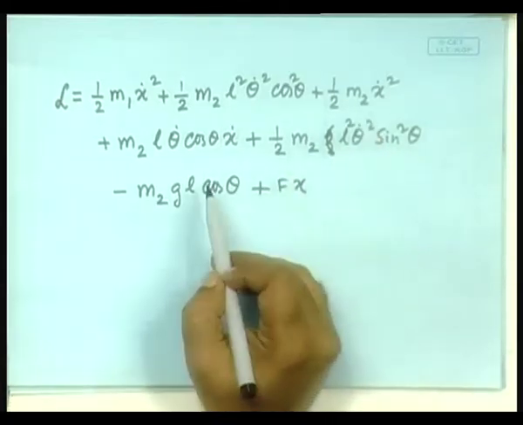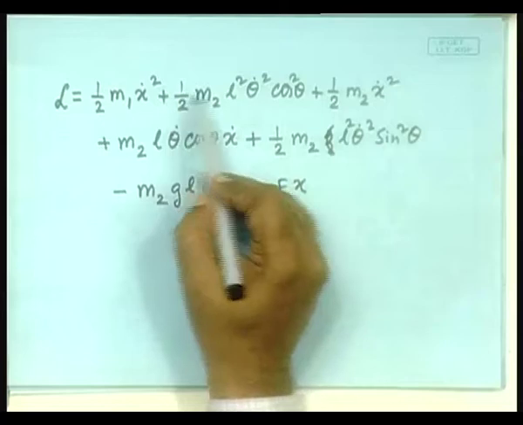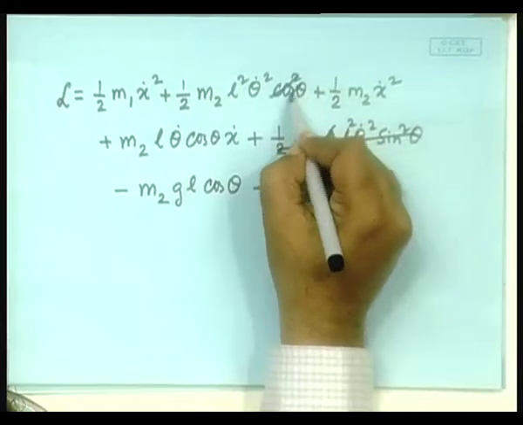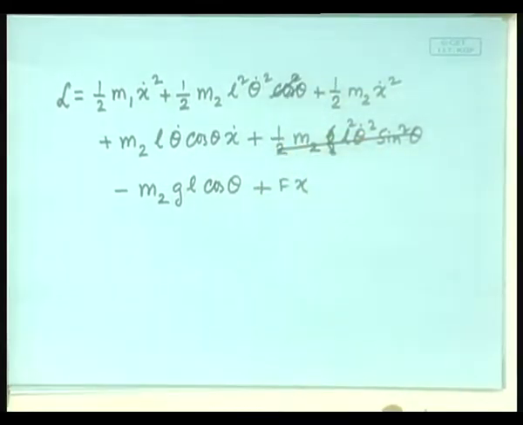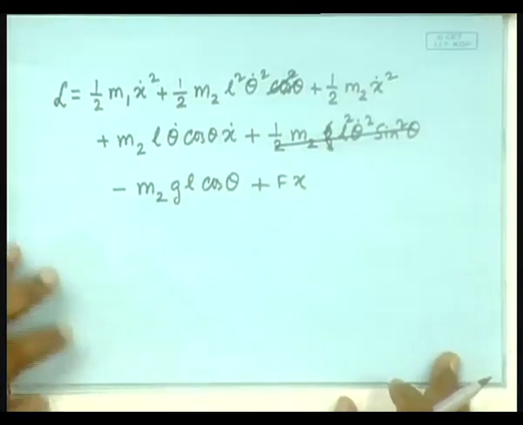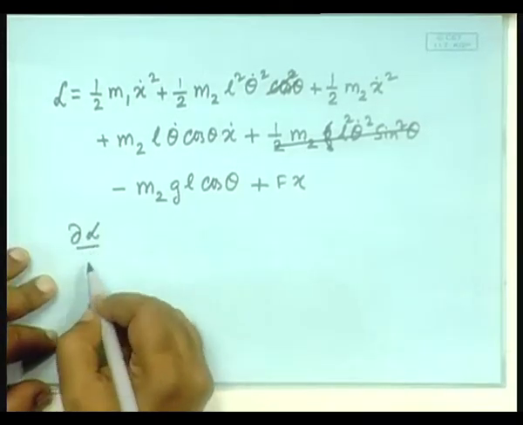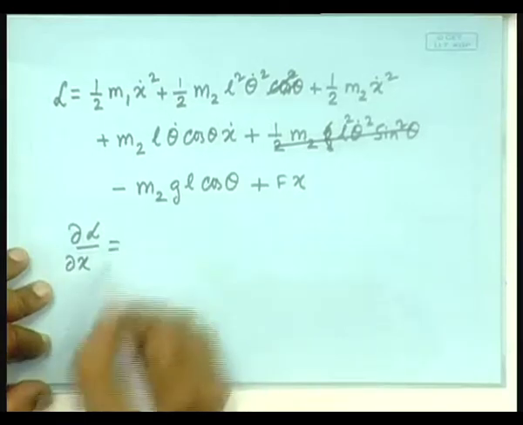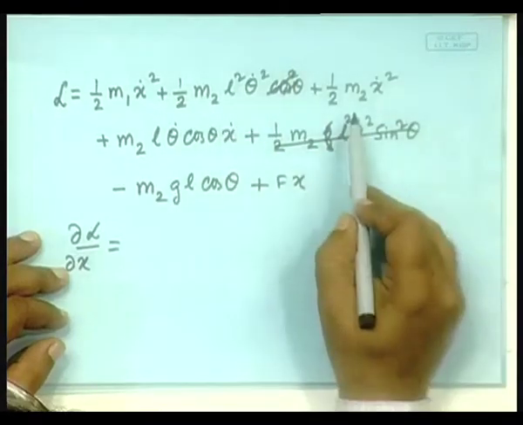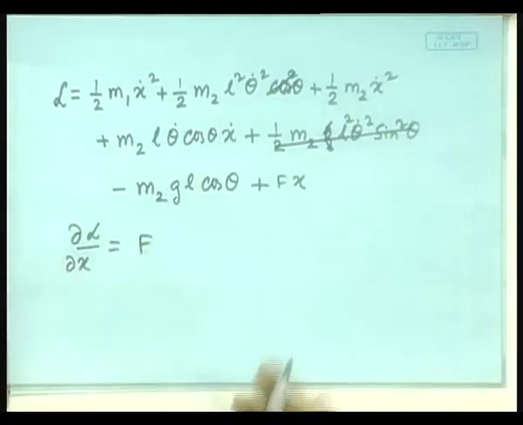Now, you notice that this term and this term get common, cos square plus sin square. So, I will just drop these terms. I can do that. So, it becomes a relatively simpler expression for the Lagrangian. Now, we will need to take the derivative of the Lagrangian with respect to x dot. This goes off, this goes off, this goes off. Simple.